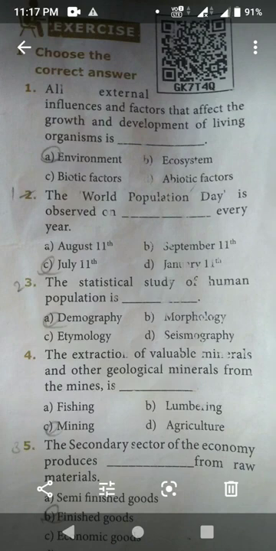Fourth one: the extraction of valuable minerals and other geological materials from the mines is dash. That is mining, option C. Fifth one: the secondary sector of the economy produces dash from raw material. Option B, finished product.